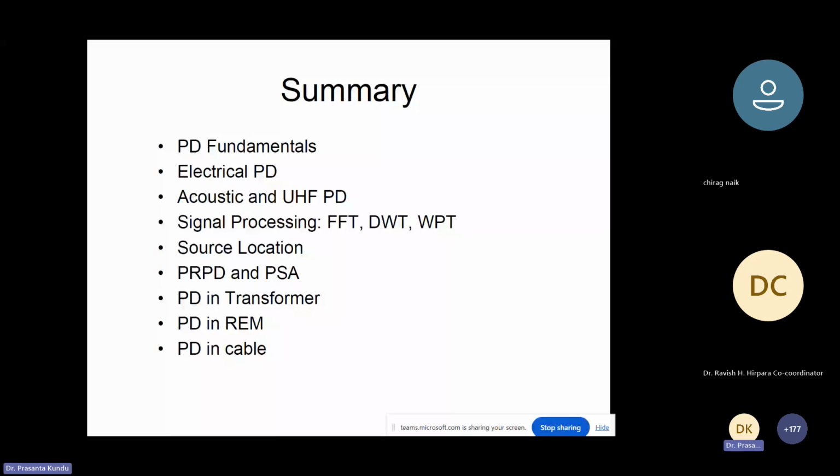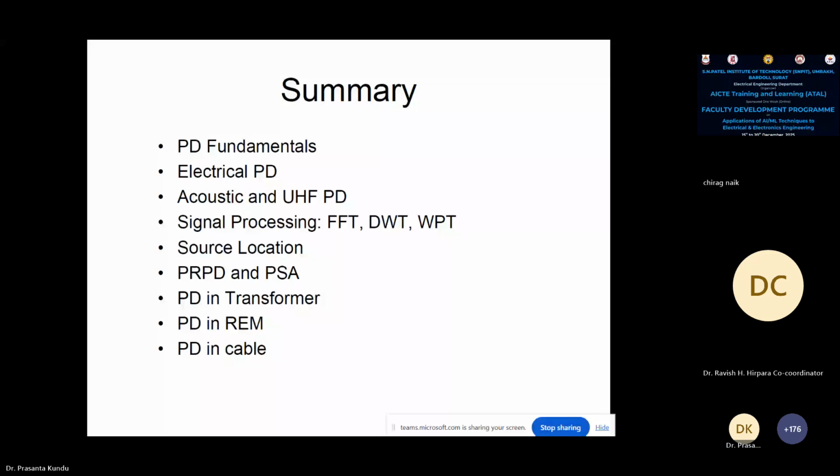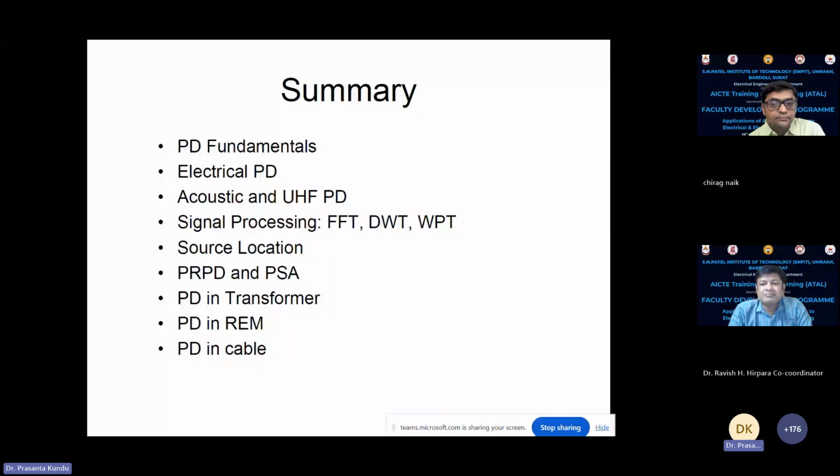And what are the different techniques? We talked about electrical PD measurement, then acoustic and UHF PD measurement. Different signal processing techniques are used to find the features and classification of partial discharges, like FFT, DWT, WPT.